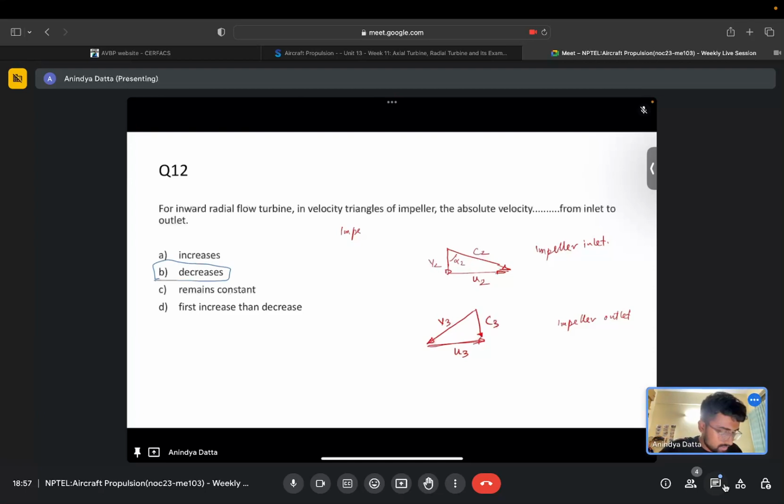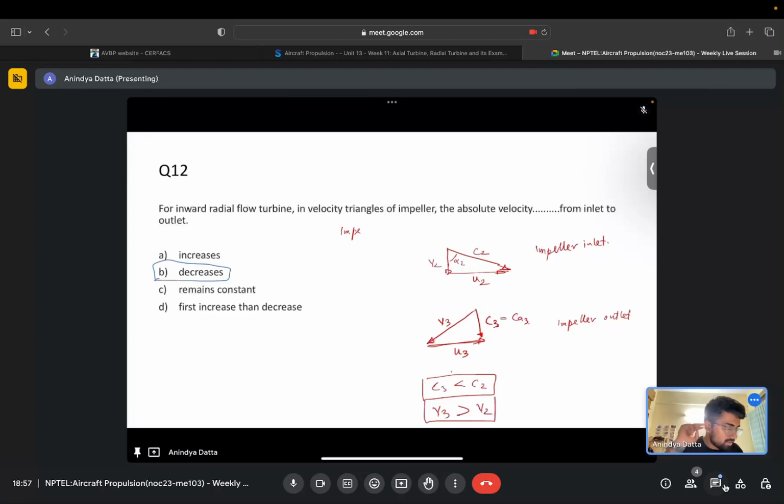So again you can see this is ca3, so the flow is exiting axially. Here you can clearly see that c3 is lesser than c2, and v3 is larger than v2.